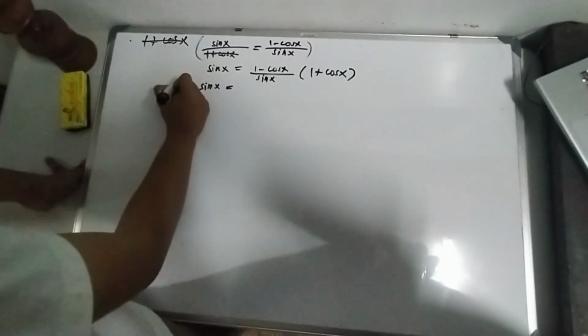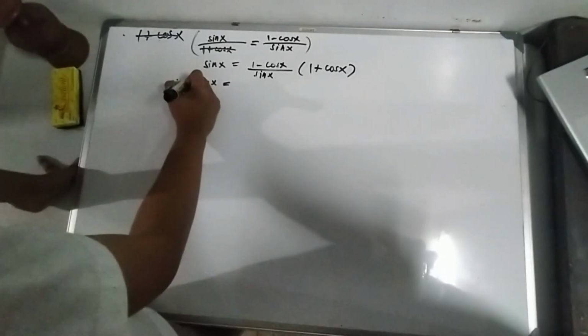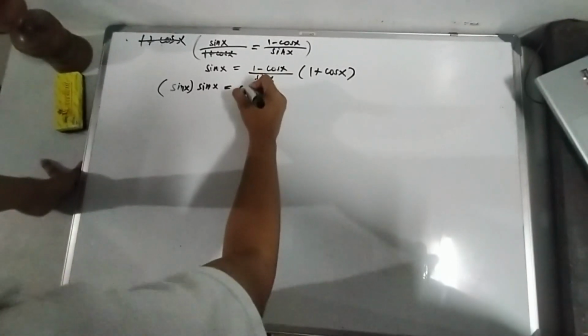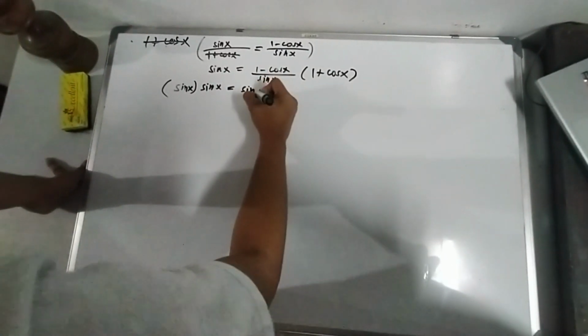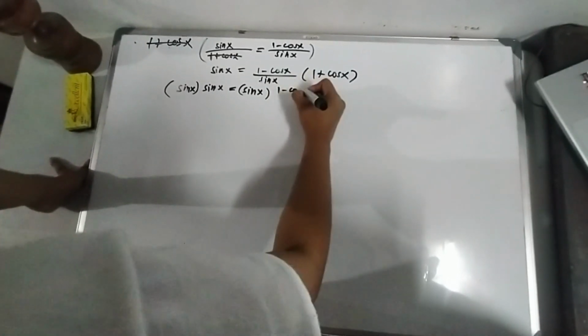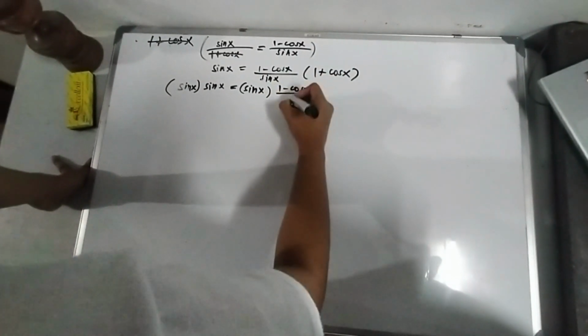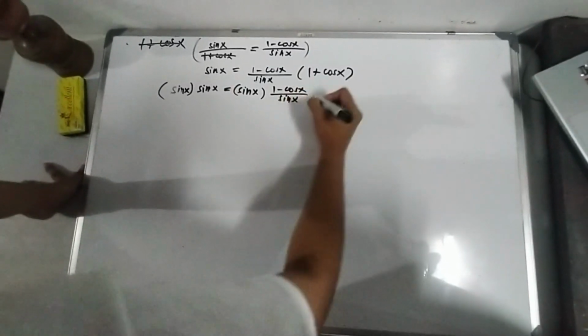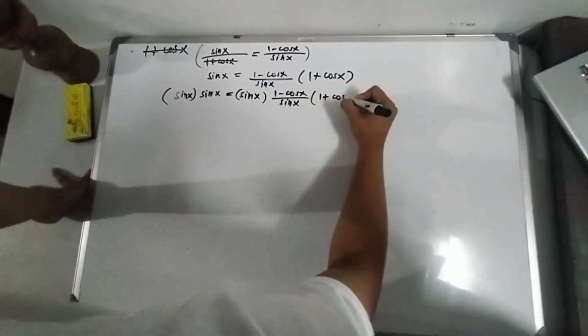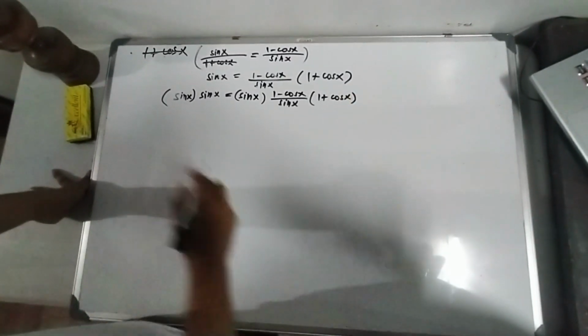So we put sine x here, and here we also put sine x times 1 minus cos x over sine x times 1 plus cos x.